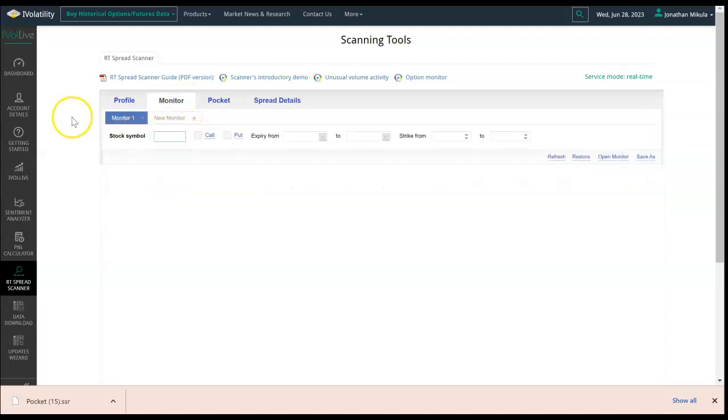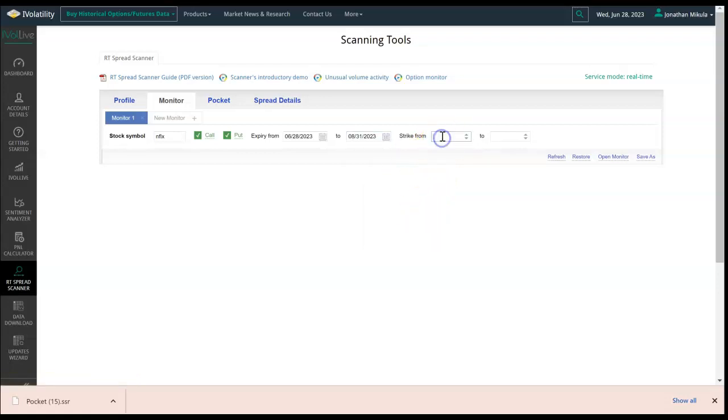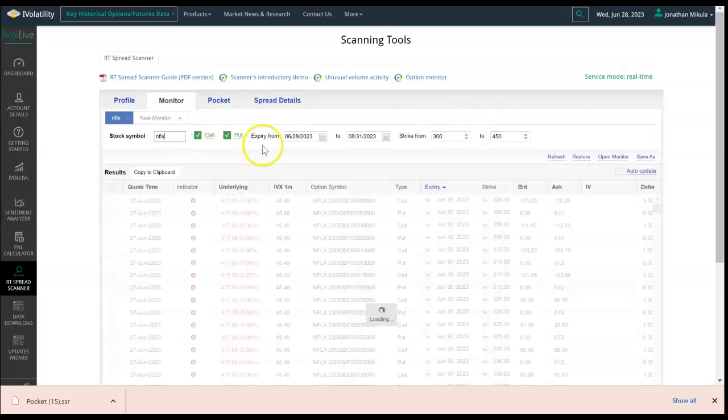And if we want to create a watch list for Netflix in general, we could go Netflix, and we're looking at expirations from today. We think this downward move will happen by the end of August, let's say, as our working theory. And then for the strike price, you could do whatever range you want. Let's do 300 to 450 just to show how many options there are.